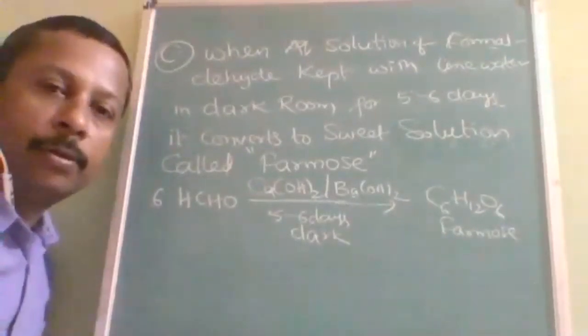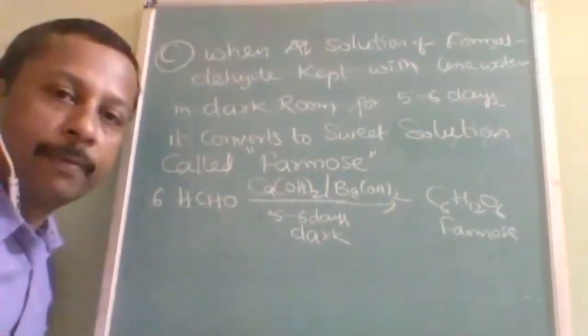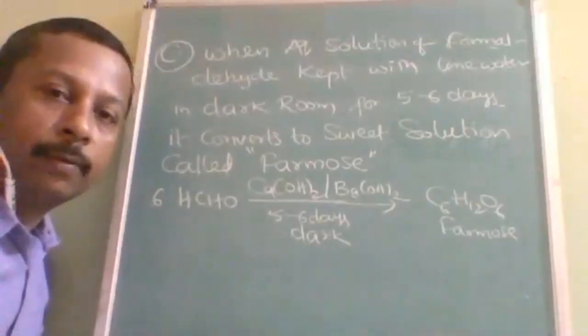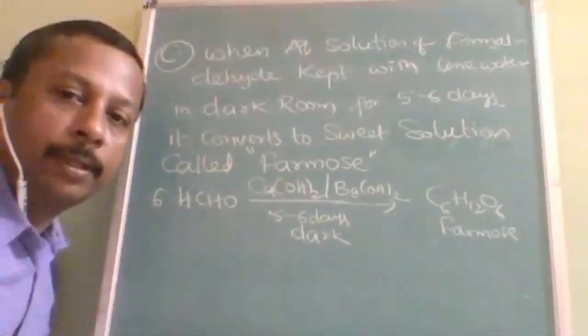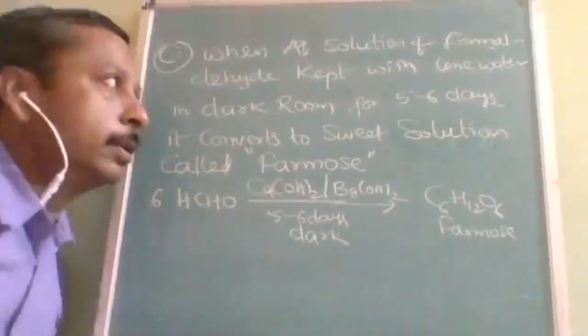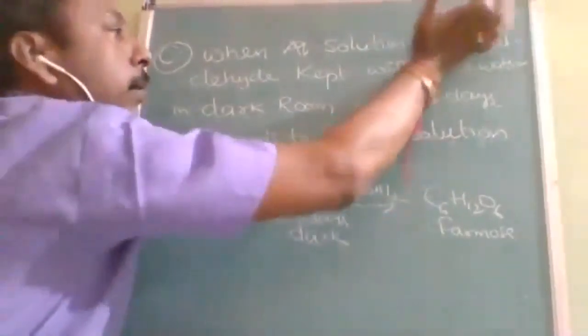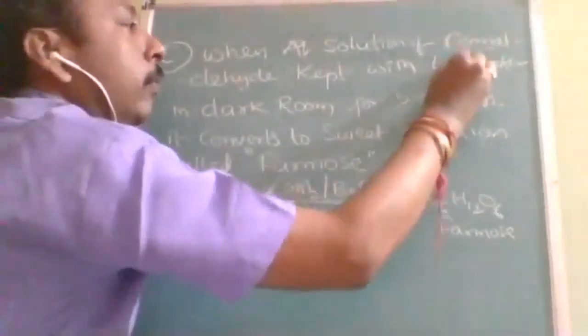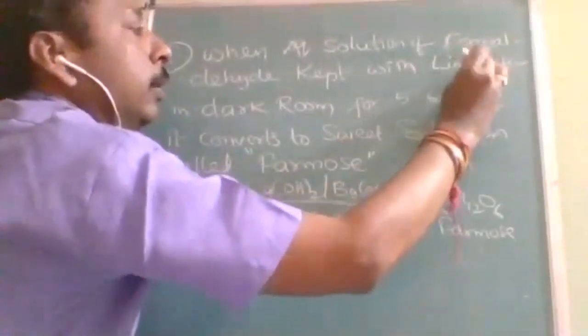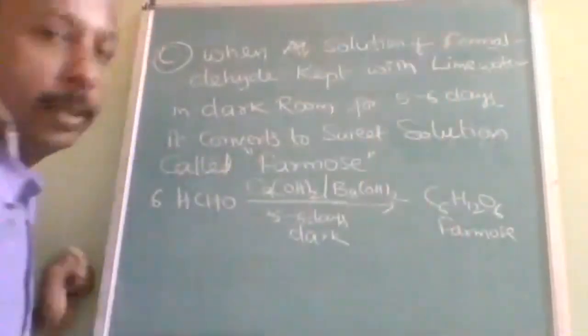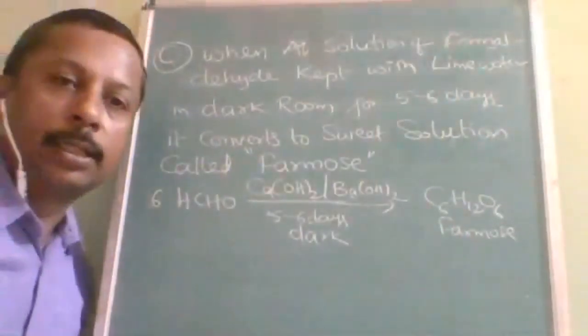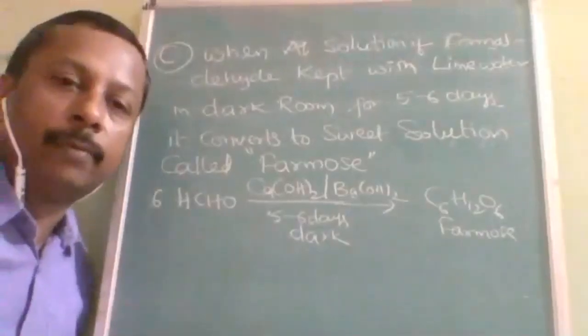When an aqueous solution of formaldehyde is kept with lime water. I think it is not clearly visible; it is lime water, that is a base only. First, only aqueous solution; second, concentrated sulfuric acid; third, lime water.